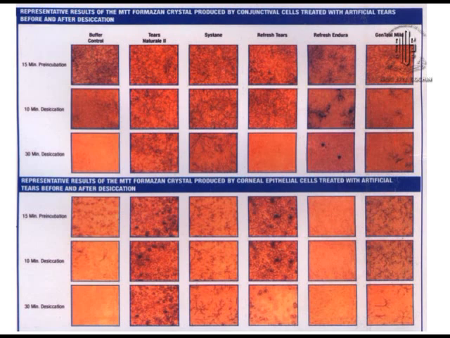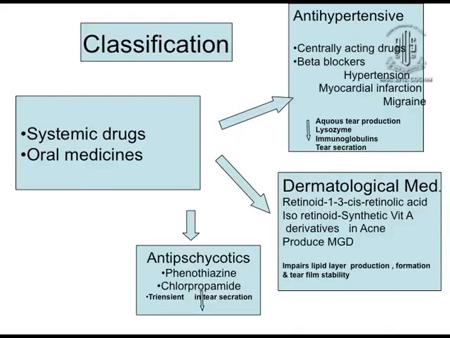The first one is the buffer solution, where there is no preservative and no desiccation, and the other one is the unit dose preservative-free Tears Endura. Otherwise, all the drugs with whatever type of preservatives they have had a deleterious effect on the corneal and conjunctival epithelium, with a severe desiccation quotient of the corneal epithelium.